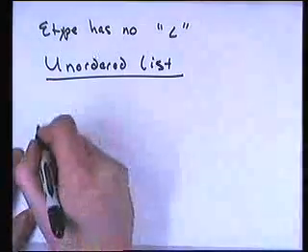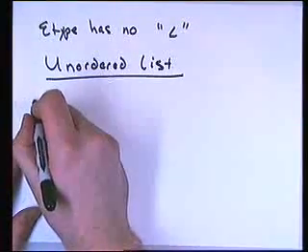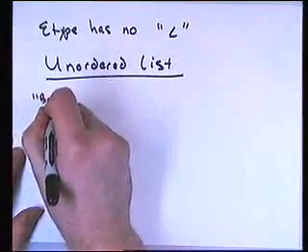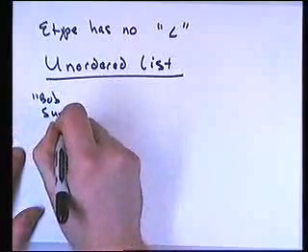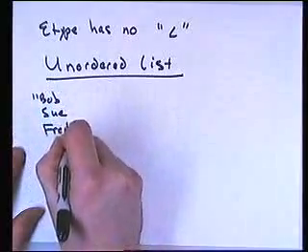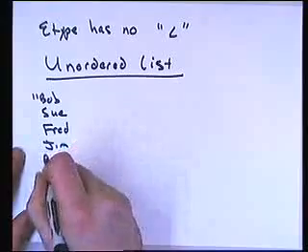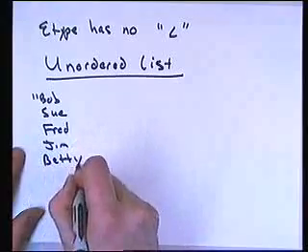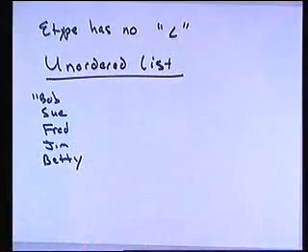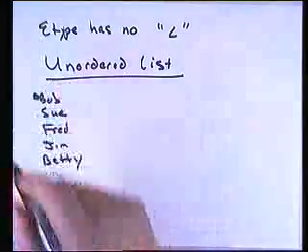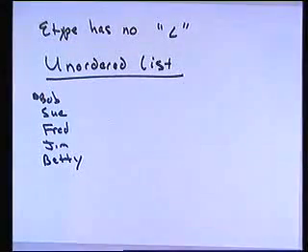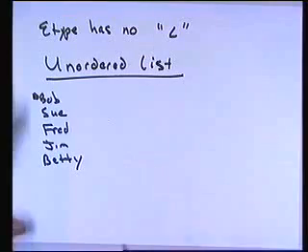And what we're going to do here is say, let's say we have the names Bob and Sue and Fred and Jim and Betty. Those will be 5 names that we have. And we can put them in a list. So let's go ahead and write them in a list.